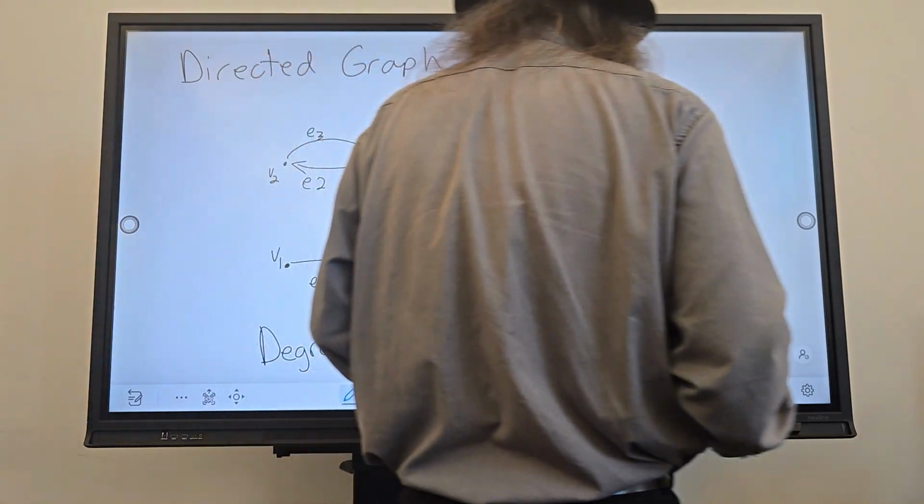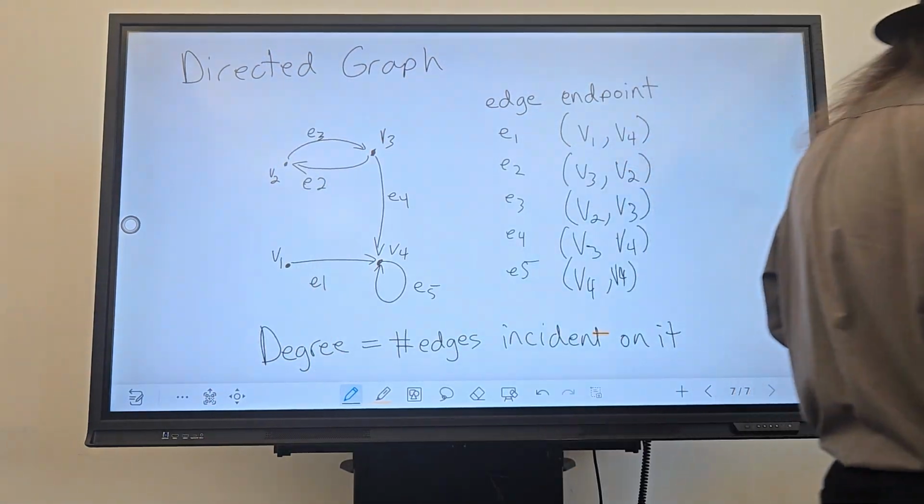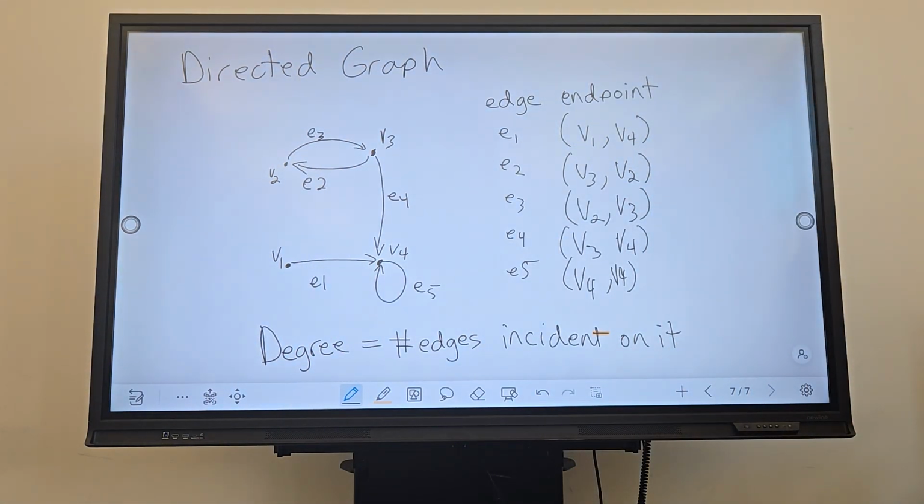So, how many edges are incident on V1? Just the one.